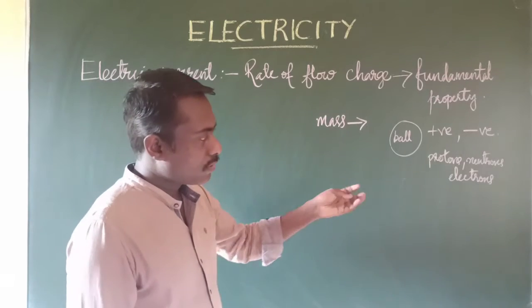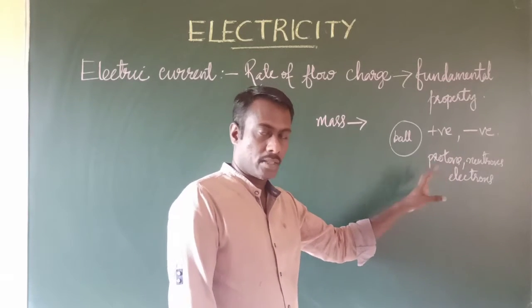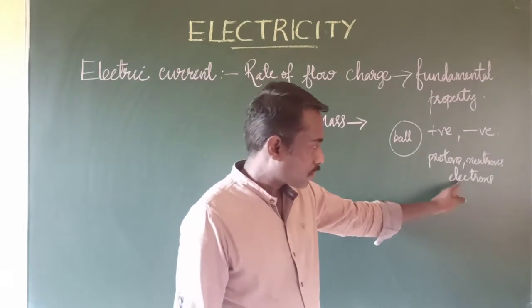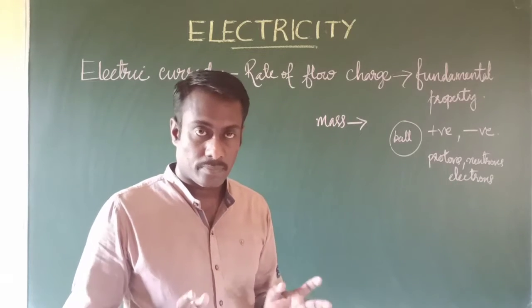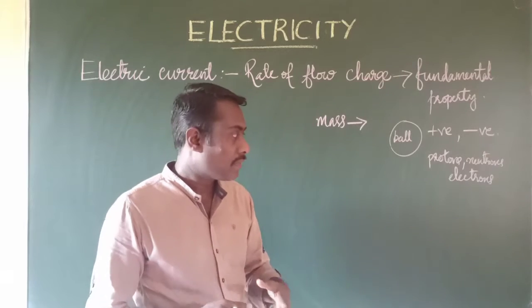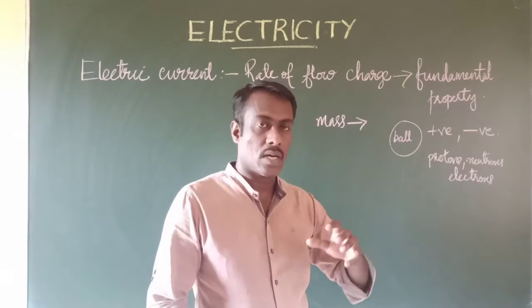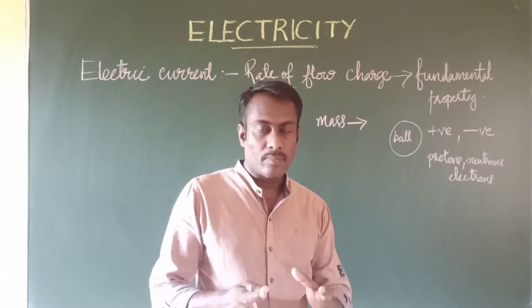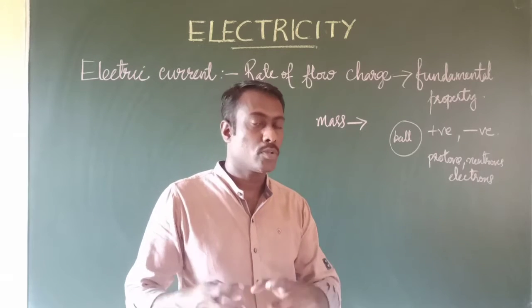Protons and neutrons are concentrated in the center of an atom, which is called the nucleus, and electrons revolve around this nucleus. The electrostatic force between the protons and electrons holds them together.